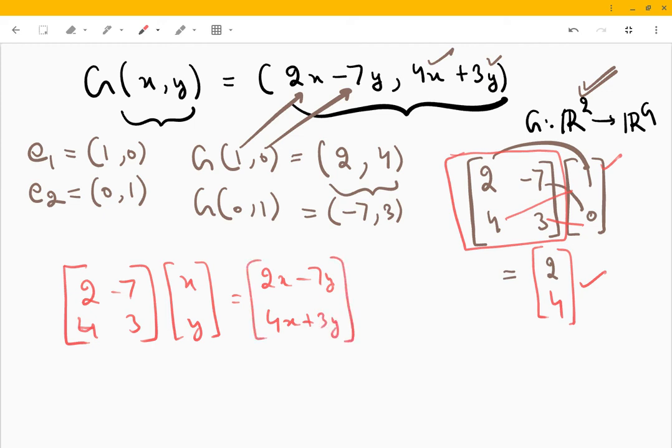This is how we are getting to this. It is good to know both of these forms for a better understanding.